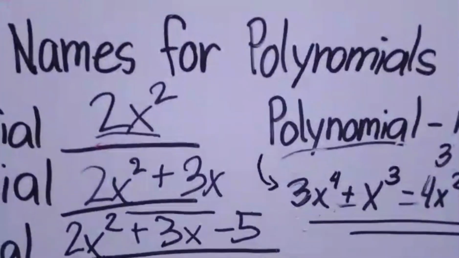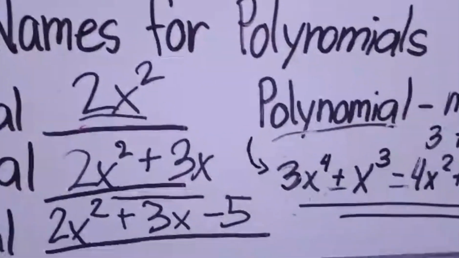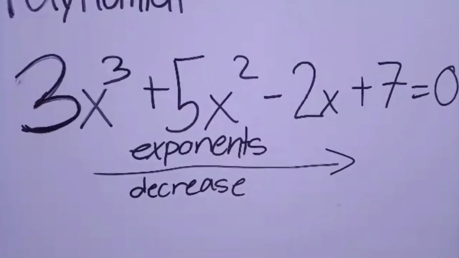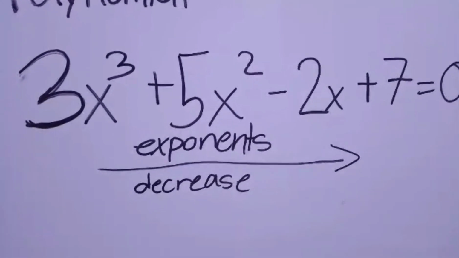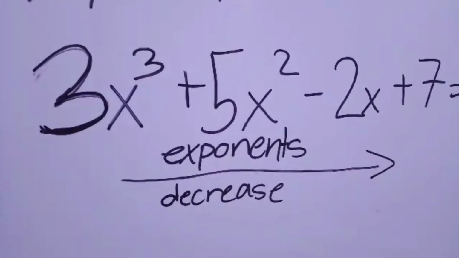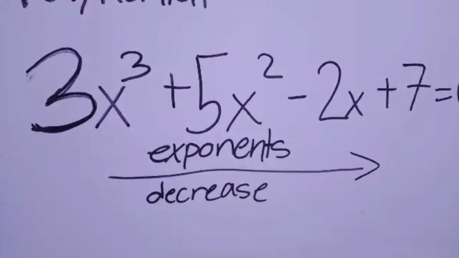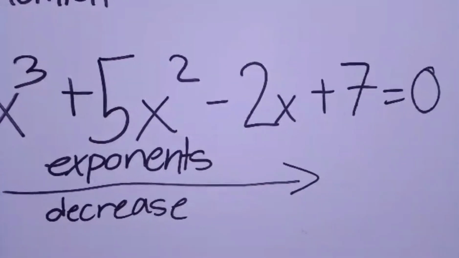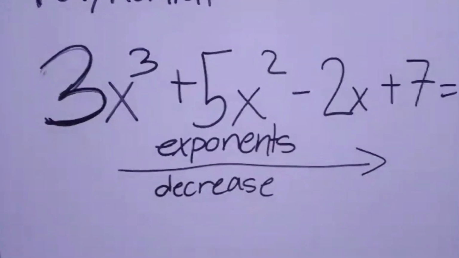Next, we will explain how polynomials work. And now, I will explain the arrangement of the polynomial terms. For example, 3x cubed plus 5x squared minus 2x plus 7 equals 0.